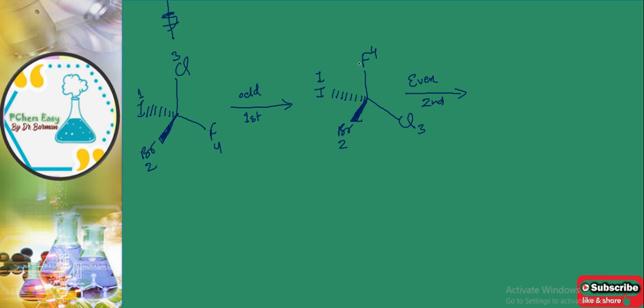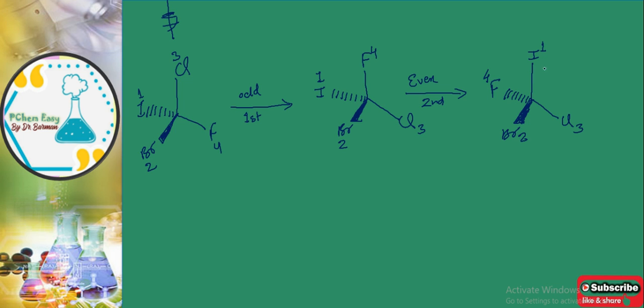With this, fluorine will come here, iodine will come here. So what structure will you get? Iodine, chlorine, and this will be the fluorine, and it will remain the same. Here now you can see this iodine priority 1, fluorine 3, bromine 2, fluorine 4. Now you can see the fourth group is in dash bond.